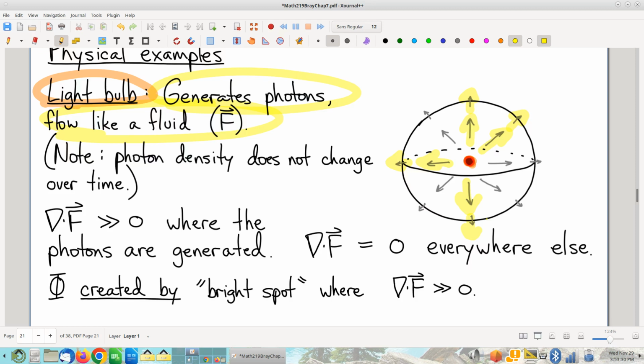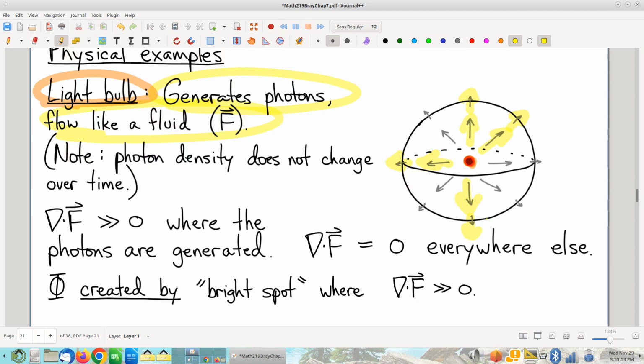I want you to recall there are two different ways that we can use a vector field to represent a fluid. One is to let the vector field be the velocity. And recall then, if the vector field is velocity, then flux tells you volume of fluid per unit time, which, as it's going to turn out, is just not what we're interested in this case.